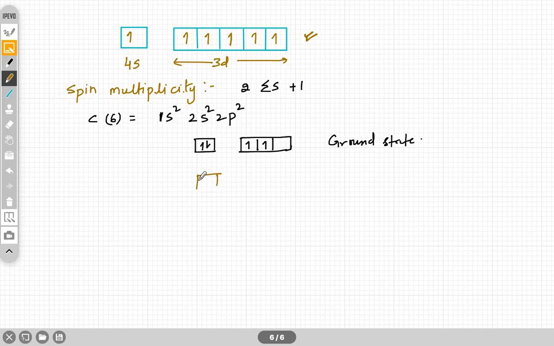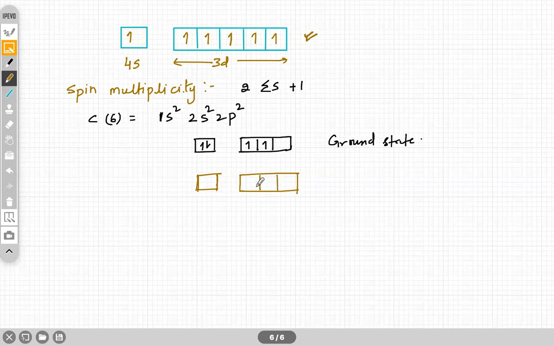This carbon goes into excited state and one electron jumps into the vacant p orbital, and in this case it has 4 unpaired electrons. 1, 2, 3, 4. This is the excited state we have.